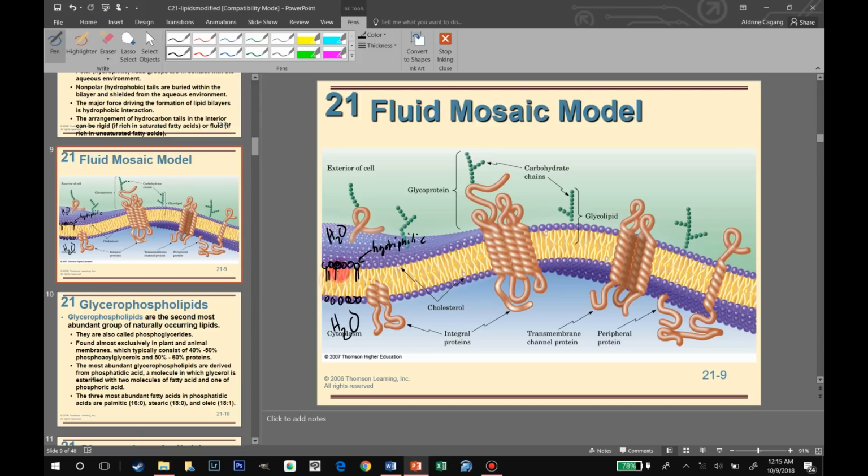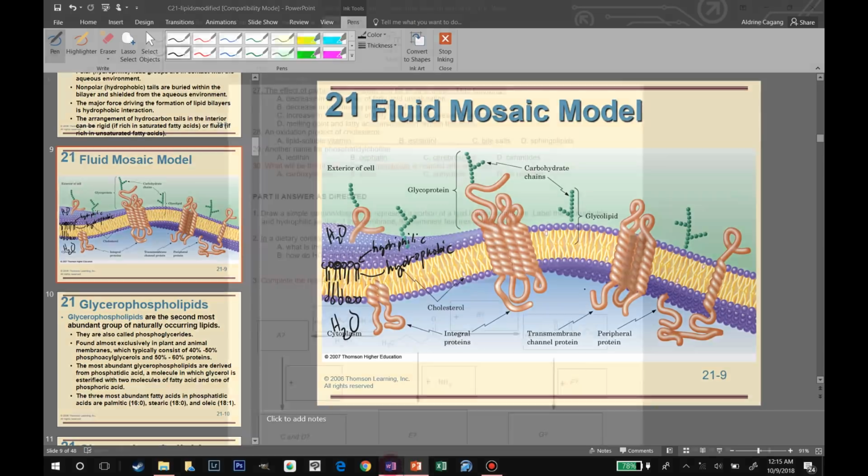And then you have here the hydrophobic tails that are hidden away, why did I write hydrophilic? Hydrophobic tails that are hidden away or hidden inside the phospholipid bilayer structure.